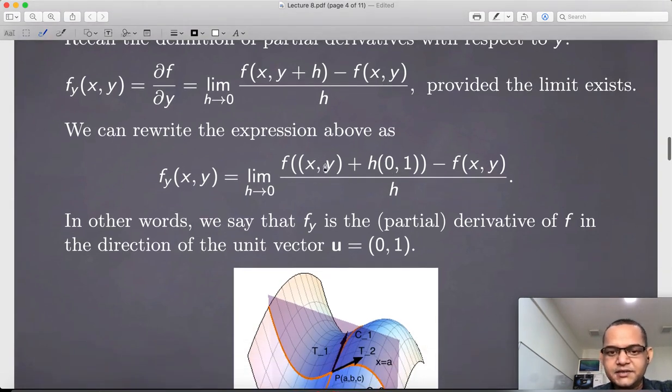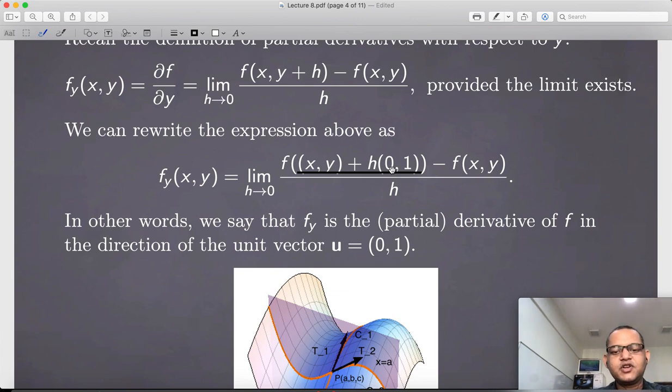So you notice what is happening here: you are basically looking at the change in the direction of (0, 1). This h is the change and the direction is fixed by the vector (0, 1). Now, as you can guess, this (0, 1) is not really doing anything special. Instead I could have taken any fixed unit vector.